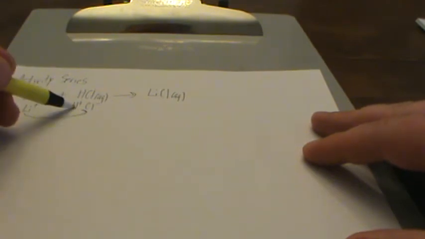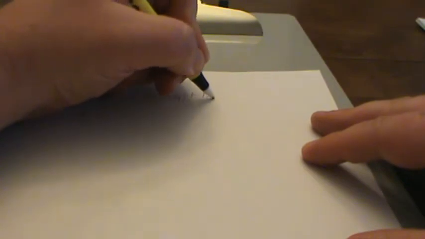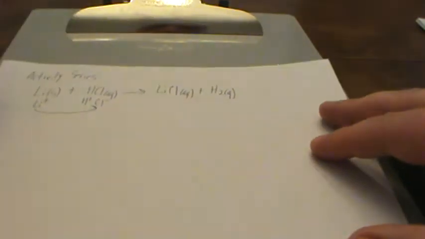And if we look at our solubility rules, chloride's all soluble except with silver, mercury 1, and lead 2. Lithium's not one of these exceptions, so lithium chloride is going to be aqueous, and hydrogen's going to be by itself, so we write it down as diatomic hydrogen, H2, and that's going to be in the gaseous form.